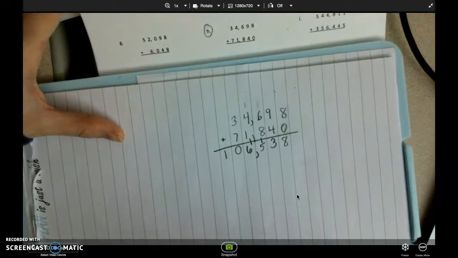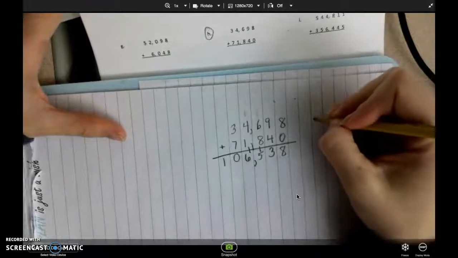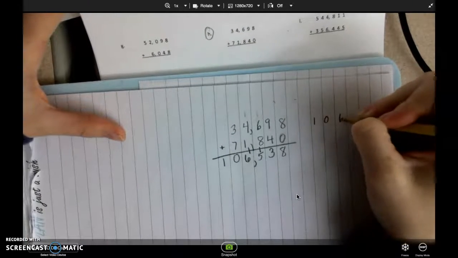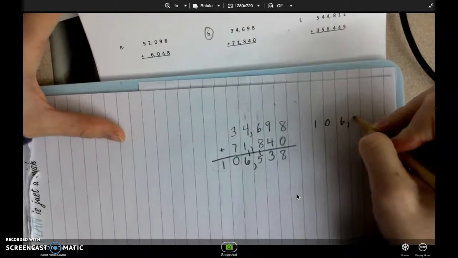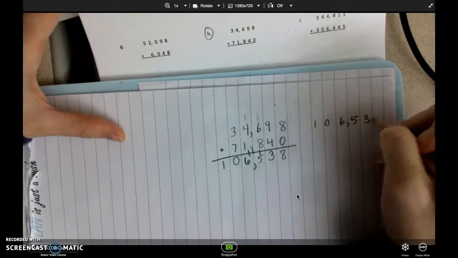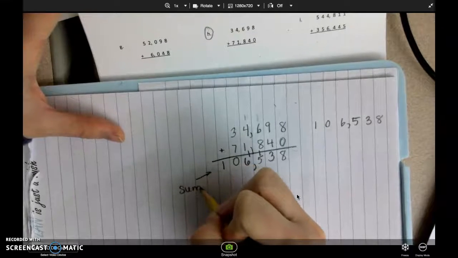I also want to practice checking my answer. And when using addition, you can always use subtraction to check your answer. You take this sum here, 106,538. In addition, the answer is called the sum.